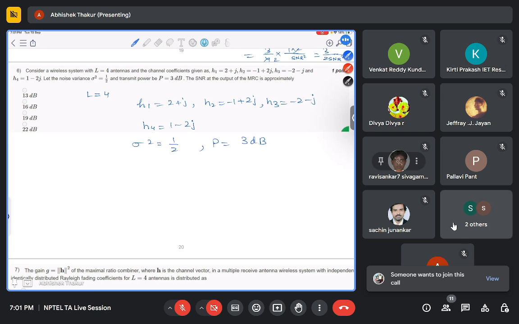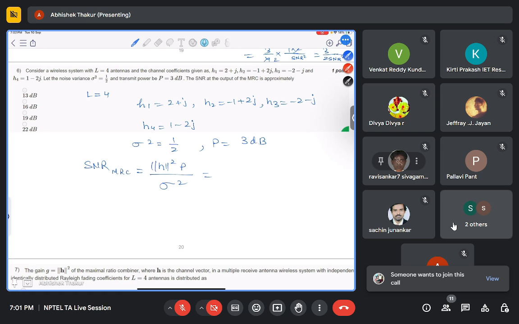So the SNR at the output of the maximal ratio combining is approximately, so SNR due to maximal ratio combining is, this is the formula.